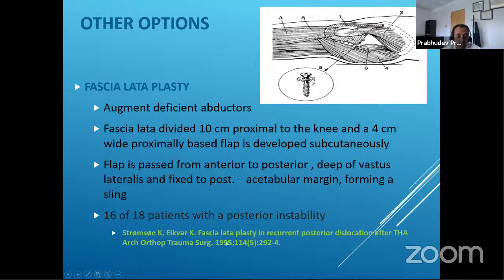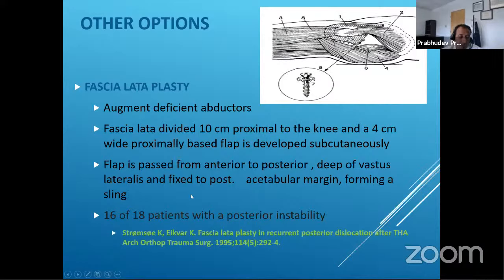In this study, what they did was, when there is a deficiency of abductors, the fascia lata was divided about 10 centimeters proximal to the knee, and then a 4 centimeter wide proximally based flap was tunneled subcutaneously, then brought underneath the vastus lateralis and fixed to the acetabulum, thereby creating a sling.